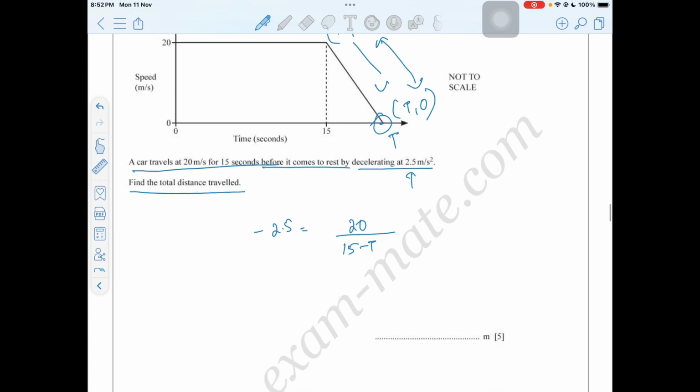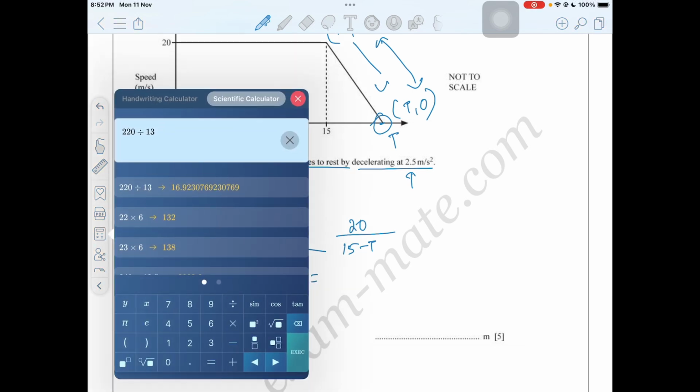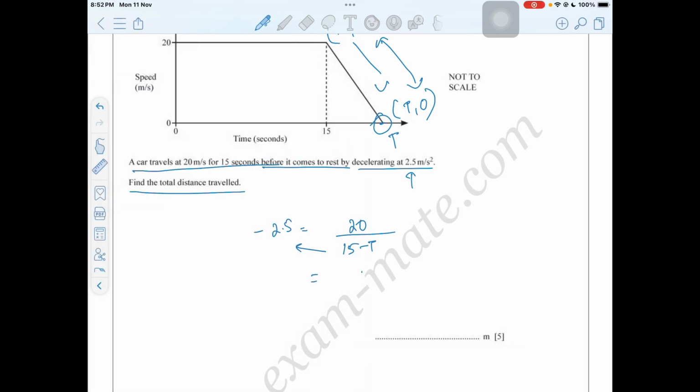Okay, so this would be multiplied by this, or you can simply divide 20 by 2.5. So this would be 20 divided by 2.5. We get our answer as 8 as 15 minus t. Our t would be 15 minus 8, so we get our t as 7.